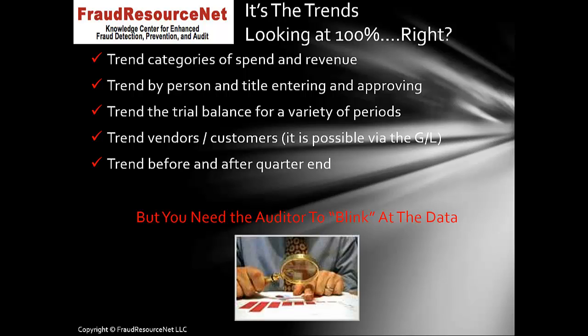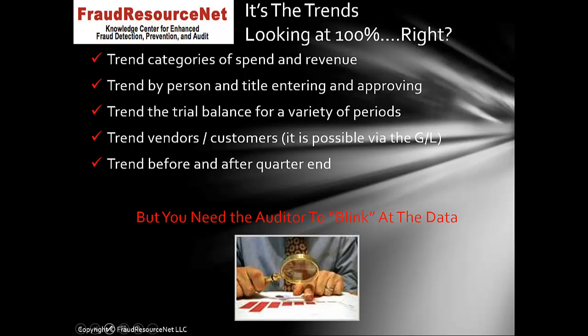There are all these different types of trending that you can easily do. Here's a bunch of ideas right here, and you could argue, is that the end goal here? Is it really just to trend the data and look at it, like have the auditor blink at the data and say, this looks weird, that looks weird.